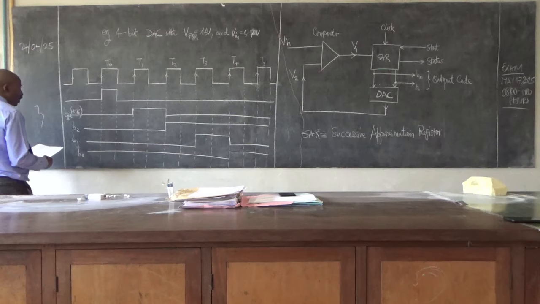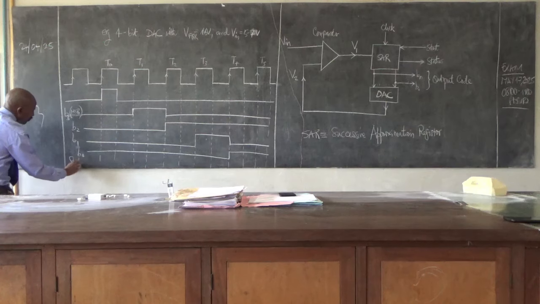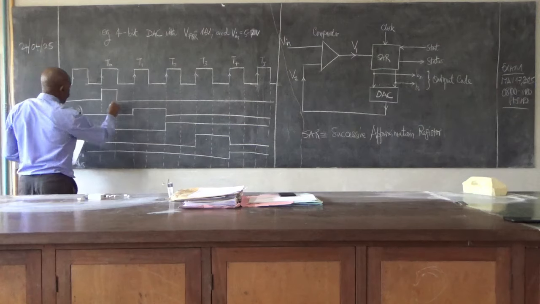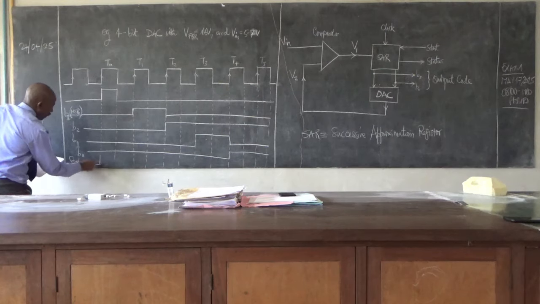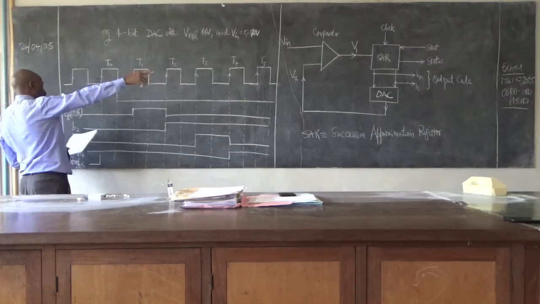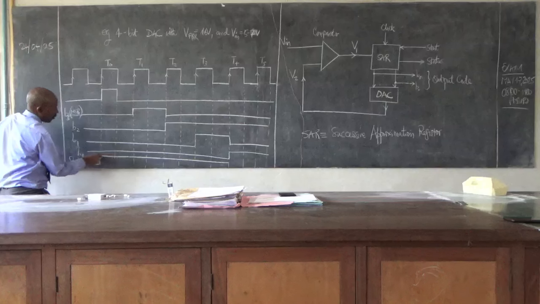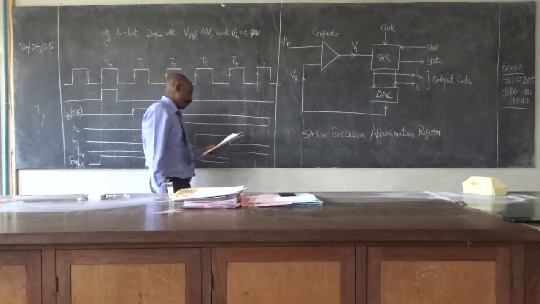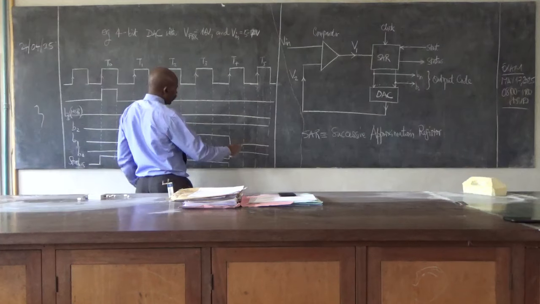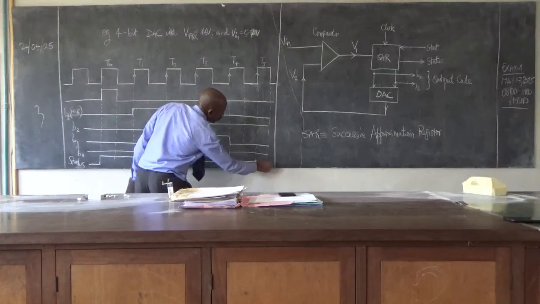And then what will be the status of our converter? The status will be that at T0 here, we have a pulse up to where we stopped, so at the rise of T5, it will go out.